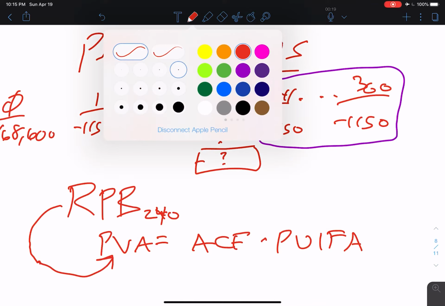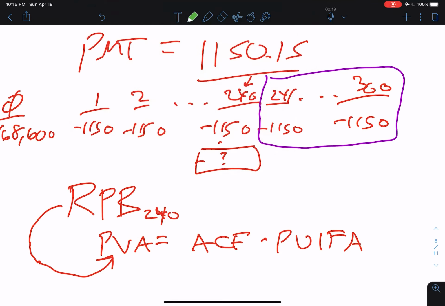The annuity that we care about is this annuity right here. Okay, it's got 120 payments.